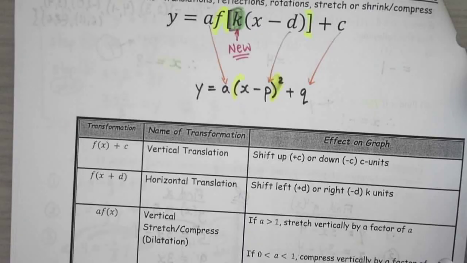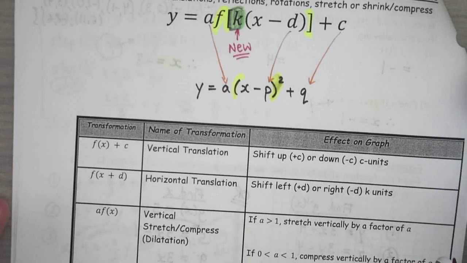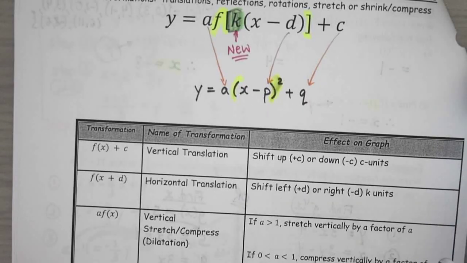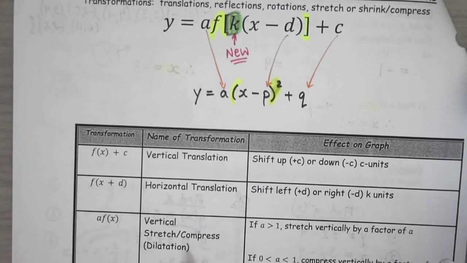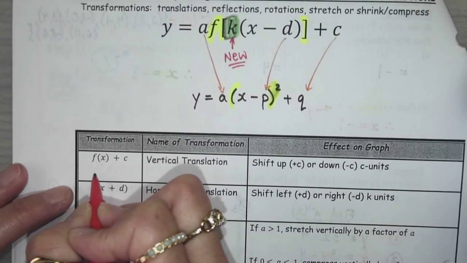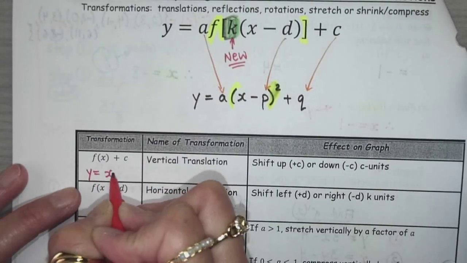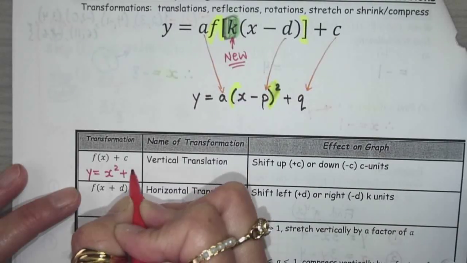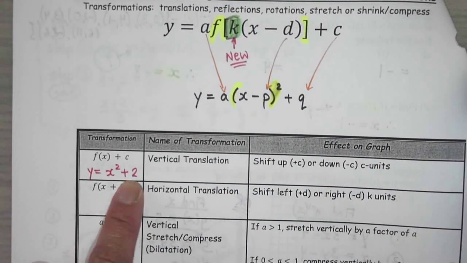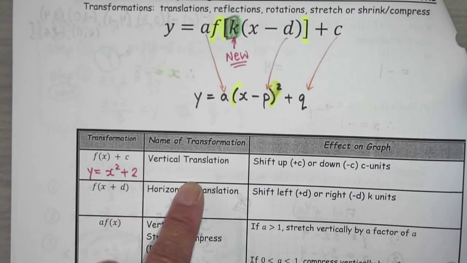So if I had here a graph for you, what color works? Red is good, right? You guys can see the red? Okay. So if I had here y equals x squared plus 2, you can see that's a vertical translation. So anything outside of the function would be a vertical translation.